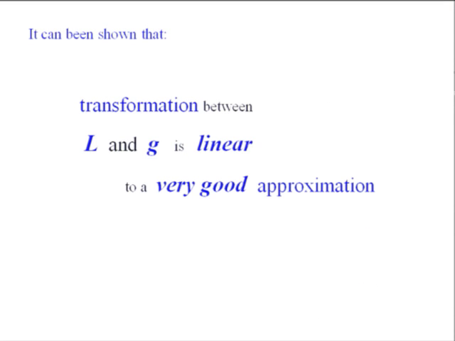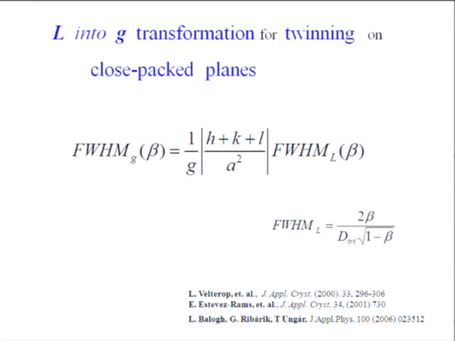The transformation between L and G, that means the triclinic system and the diffraction vector direction, to a very good approximation, is given by this formula. This is the triclinic full width half max, which can be transformed into the diffraction vector direction by a simple linear formula in front of that quantity, which contains the HKL dependence.